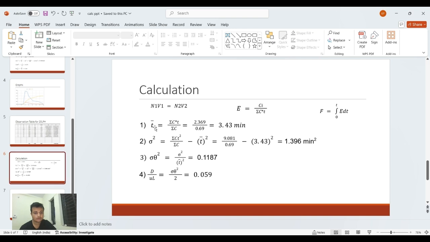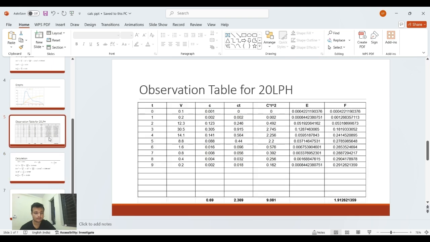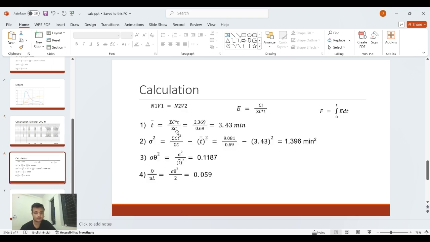Now for mean residence time, same formula we will use, and here we will take value from observation table for summation of CT upon summation of C. And after this we will calculate variance, that is sigma square equals summation of CT square upon summation of C minus square of mean residence time.